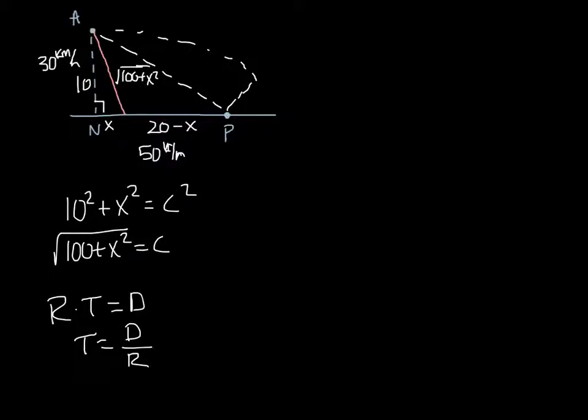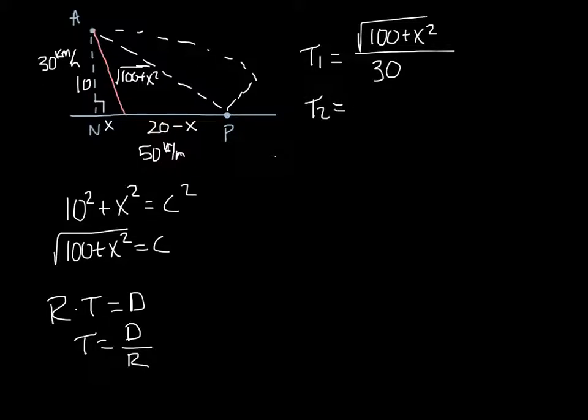So let's find that red time first. Let's call that T1. And that's going to be my distance over my rate. The distance we said was the square root of 100 plus x squared. And my rate, we're going through the desert, so I'm going to call that 30. All right, doesn't look pretty. I can't really simplify it, so we'll just leave it like that.